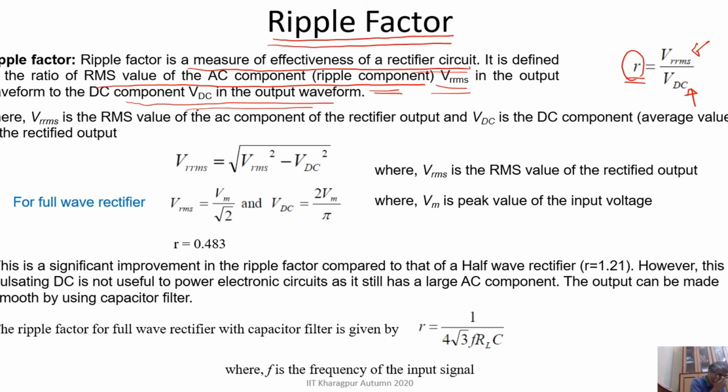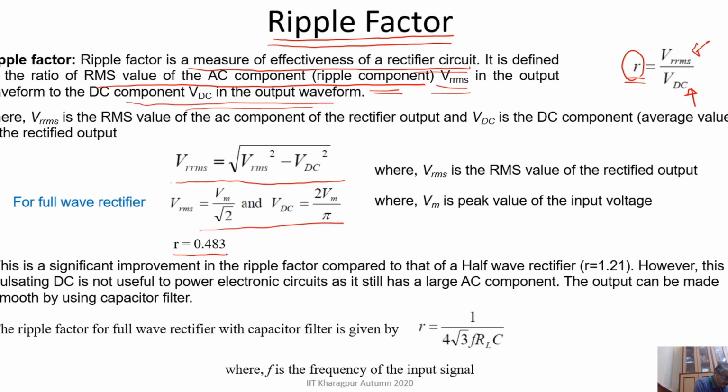Now it is possible to show that you can find out the ripple factors in the case of half wave and full wave using this formula, where V_r,rms is the square root of V_rms squared minus V_DC squared.